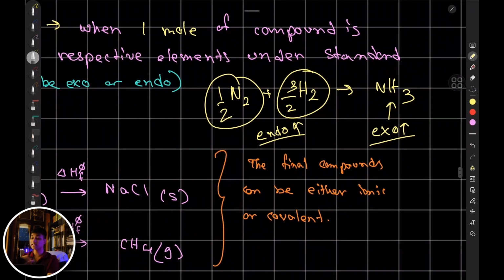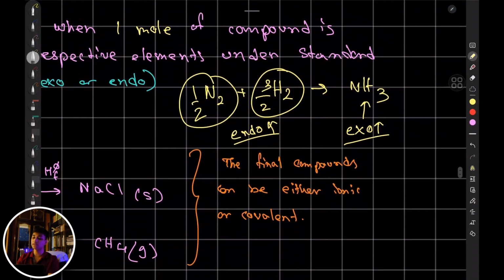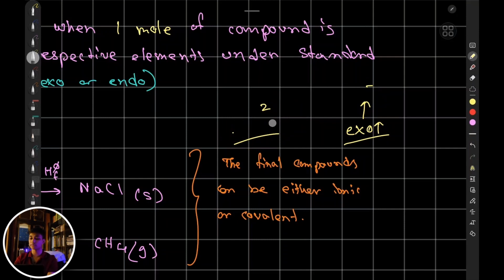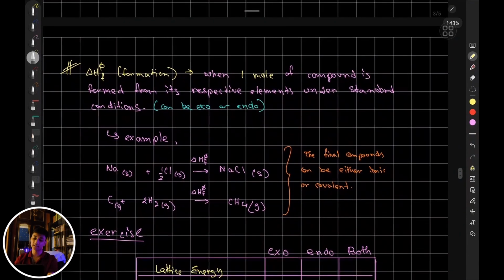As a result, the net energy change might be positive kJ per mole, making it an endothermic process. So enthalpy change of formation may be positive or negative, meaning it can be exothermic or endothermic.